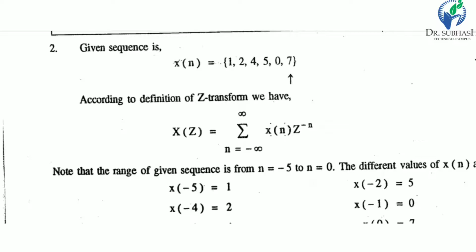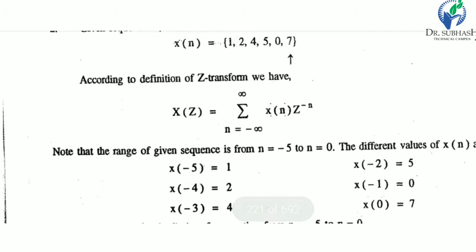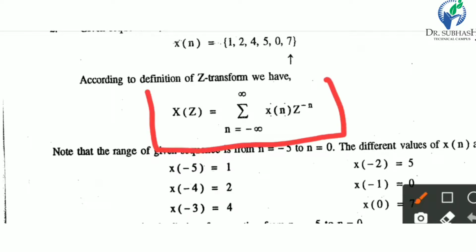According to the definition of the z transform, we have X(z) equals summation n equal to minus infinity to infinity x(n) z raised to minus n. It is our definition.